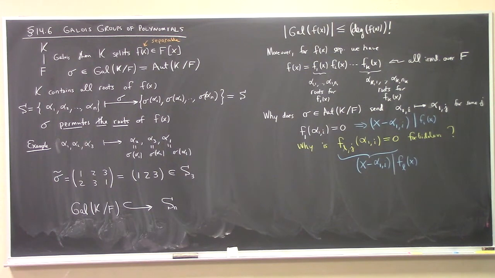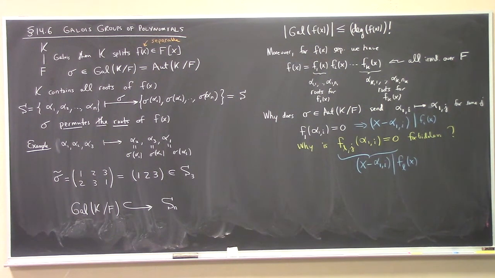So the irreducible factors cannot share roots, because if they did, in the splitting field, that means they share factors, and if they share factors, when the factors combine, we do not have separability.